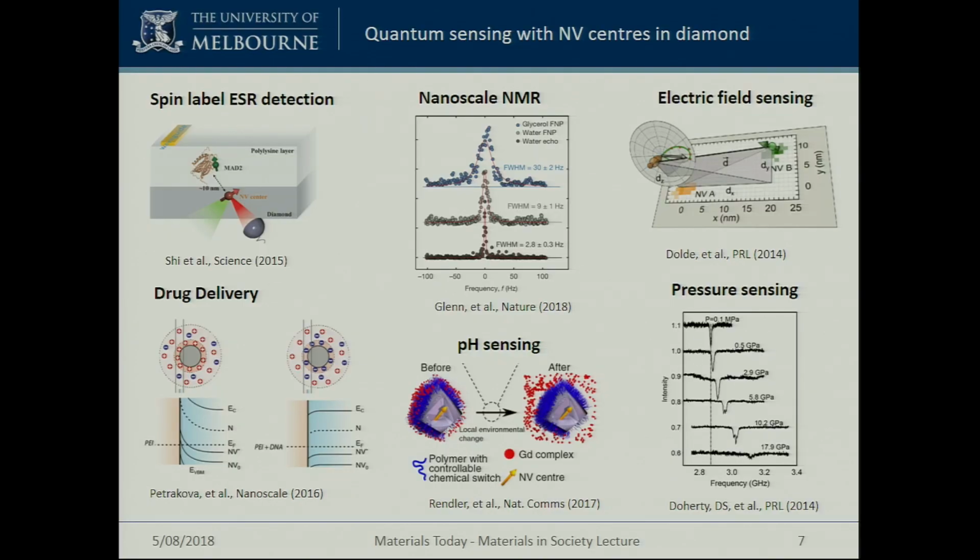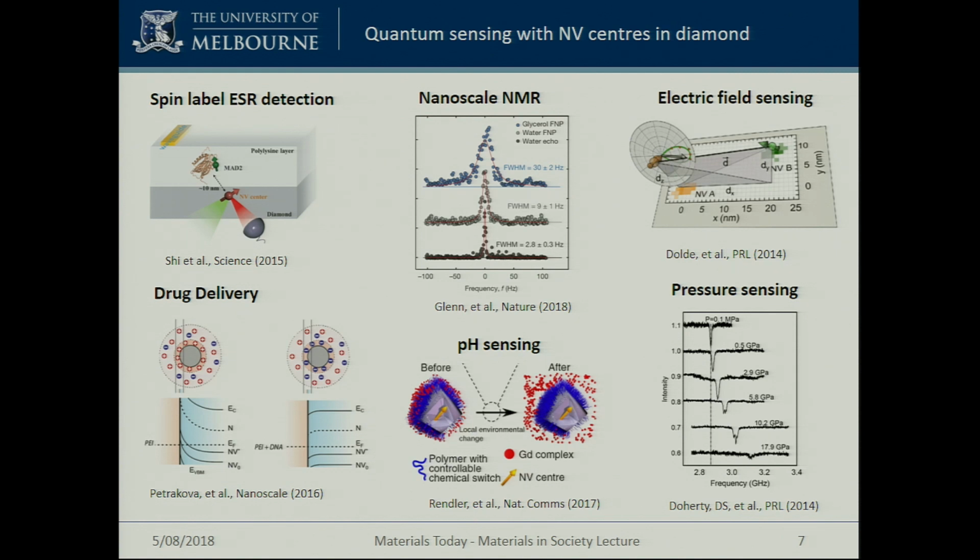And so what can you do? So people have showed that using the NV center, we can detect the magnetic field from a single electron spin, which is attached to a protein, for example. Others are detecting magnetic fields from nuclear spins, and so there's a whole field now dedicated to nanoscale NMR with this sort of system. And there's going to be a magnetometry session tomorrow morning, where you'll hear a lot more about that.